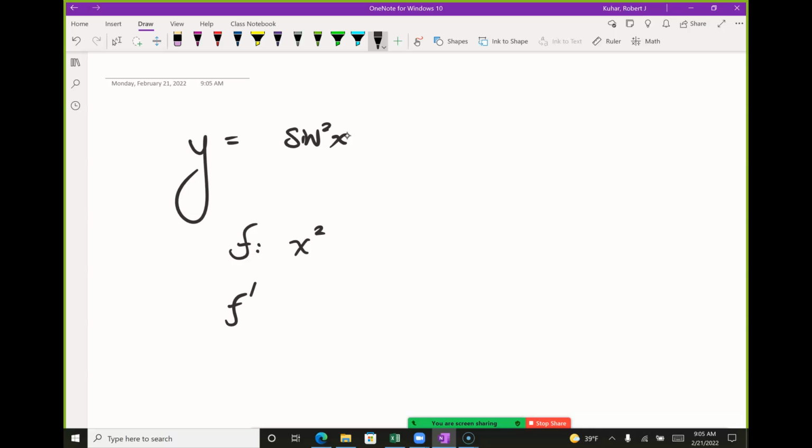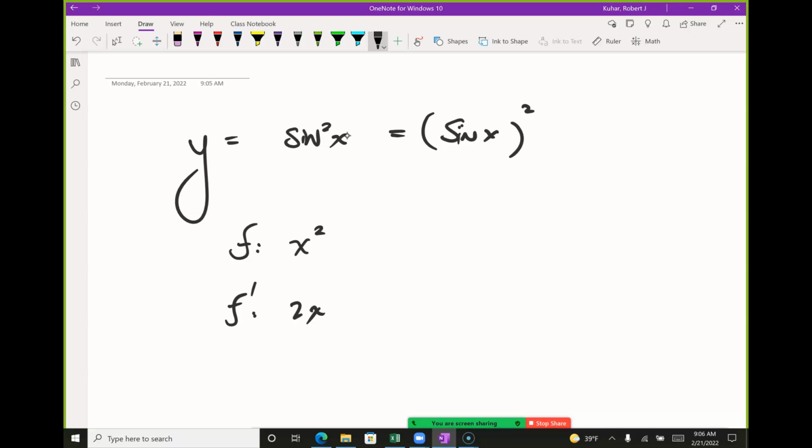And what's my derivative there? 2x. The inside function, so it's really nice to think of this as sine of x quantity squared, right? So you can see that 2 coming down as the exponent.